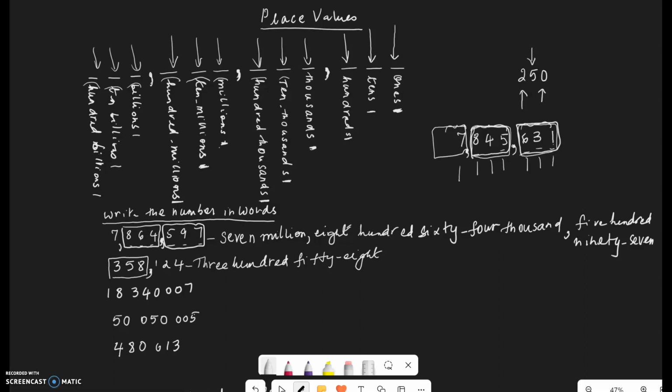And this first comma is thousand, and then you put a comma, and the rest of the number is 124.